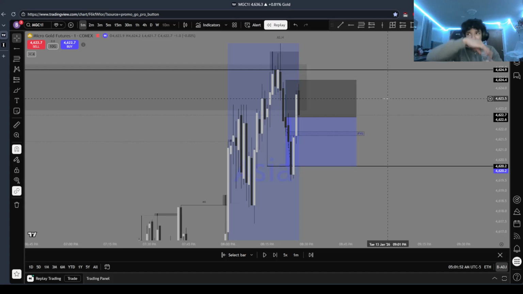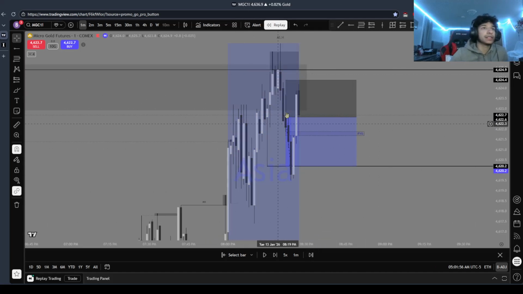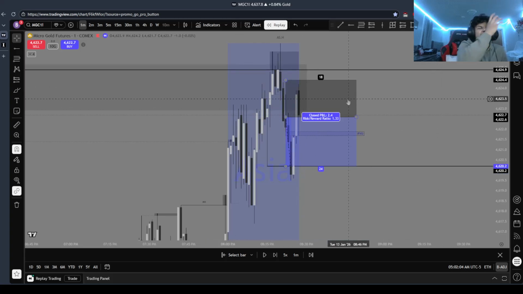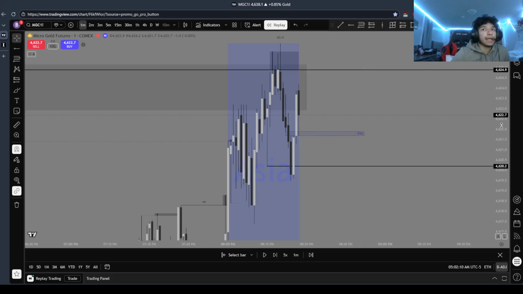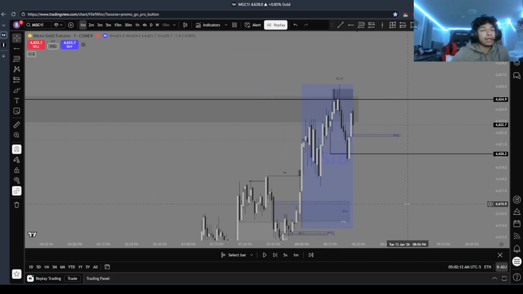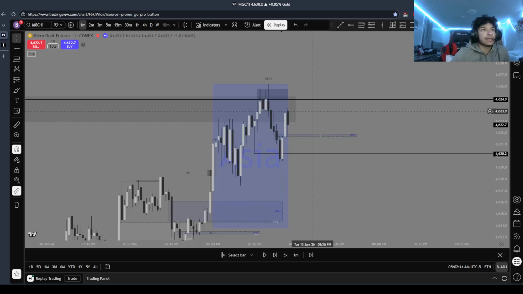Like I said, we really entered on the 30-second on this same trade, just to get a slightly earlier entry, because we weren't forming any fair value gaps at that point. On the 1 minute, 2 minute, 3 minute, all the way up to the 5 minute, we weren't forming any fair value gaps. So we were just consolidating.